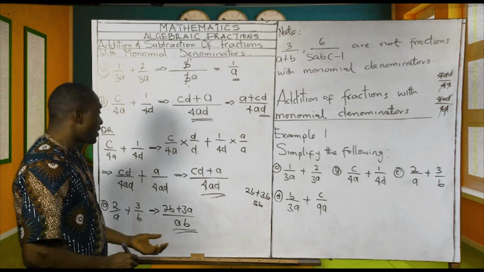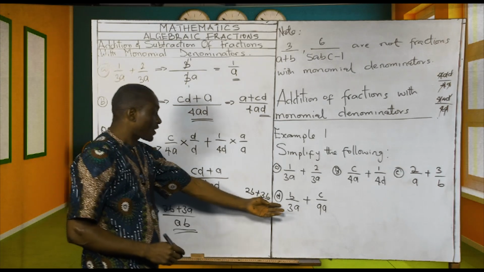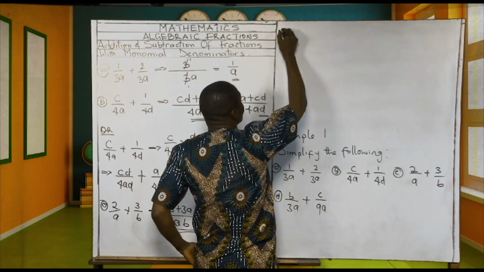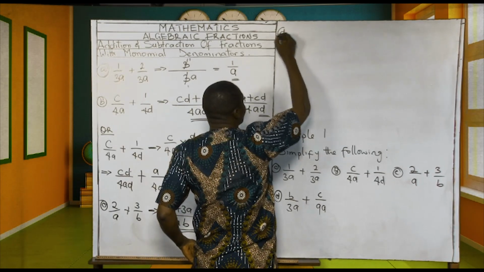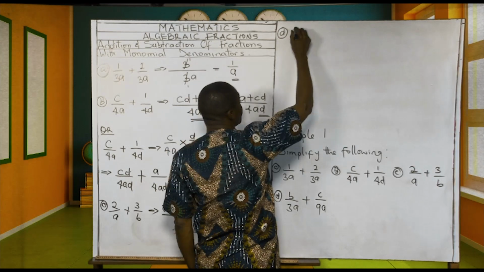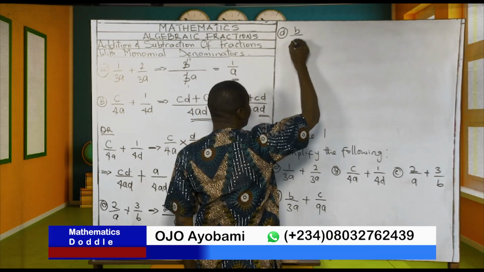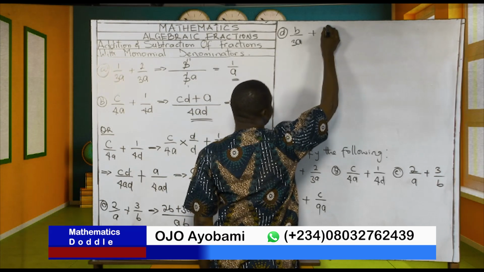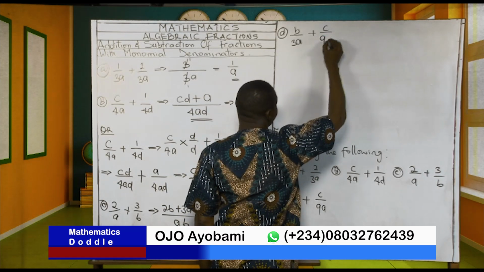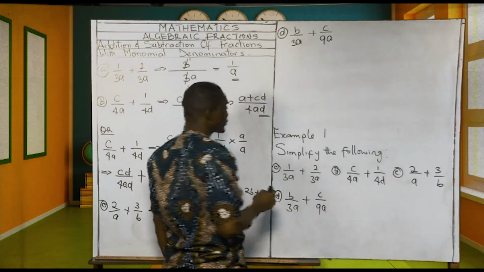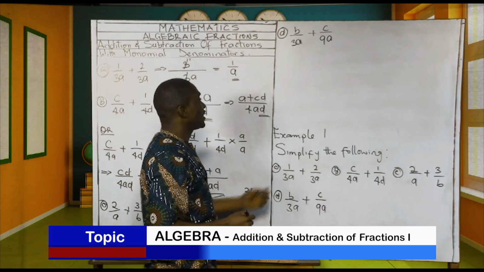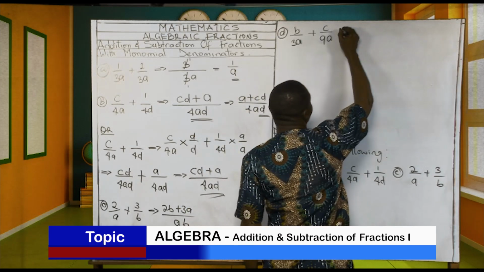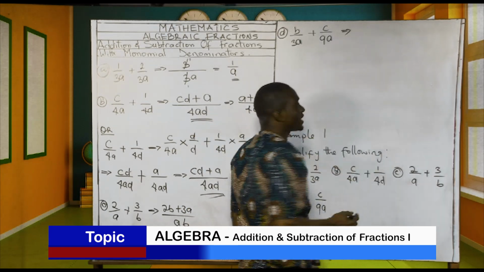Now let's move to the next question, which is question letter D. B over 3A plus C over 9A. Finding the LCM of this will give us 9A.